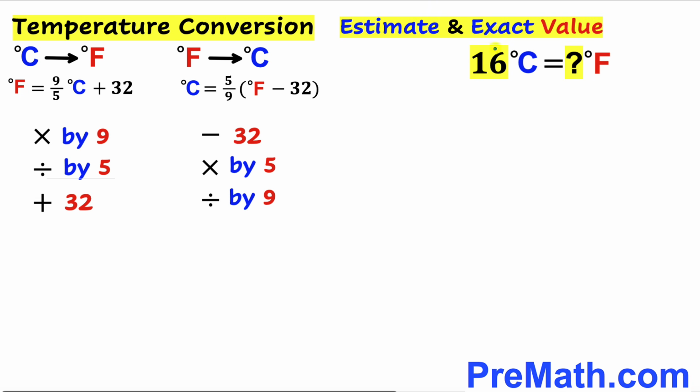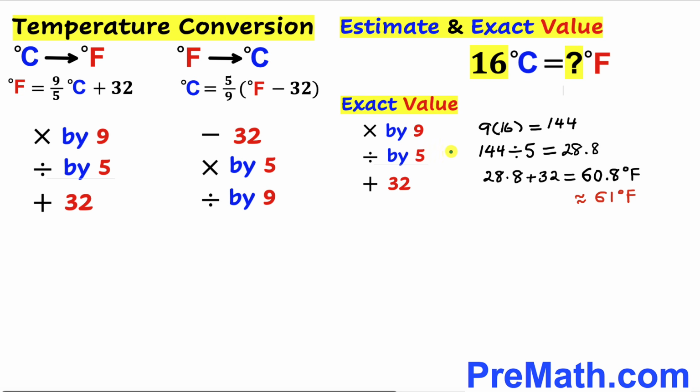And here's one more example. We are going to convert 16 degrees Celsius to degrees Fahrenheit. And if we follow the very same steps, our converted value of degrees Fahrenheit turns out to be approximately equal to 61 degrees Fahrenheit. And now let's focus on this number 16, and this number is 61.